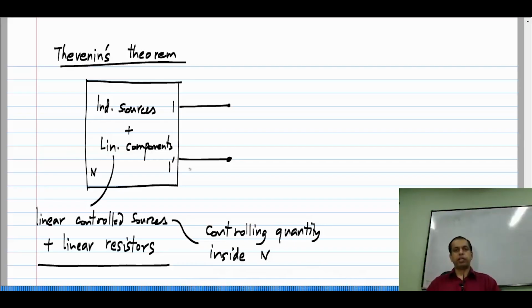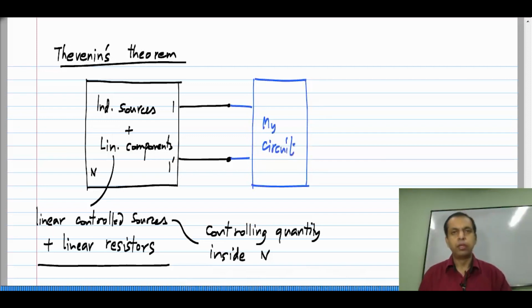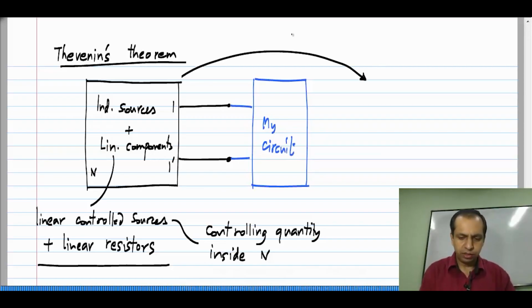What do I mean by a simple model that is useful? It means that, let us say as a user, I could be connecting any other circuit to it. What I mean by a model or an equivalent of this is the following.